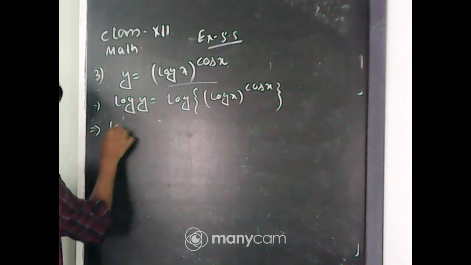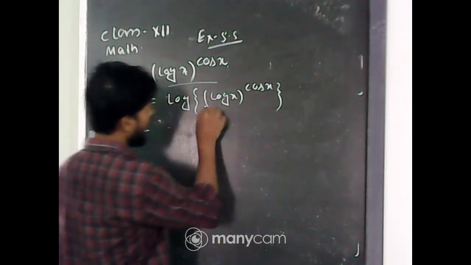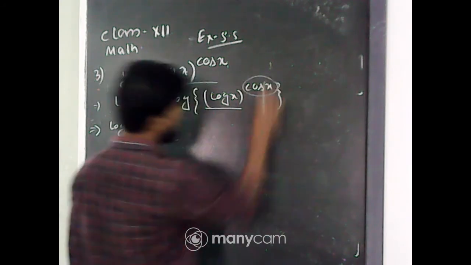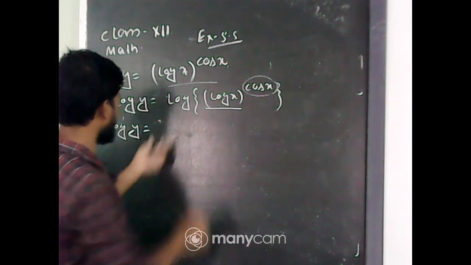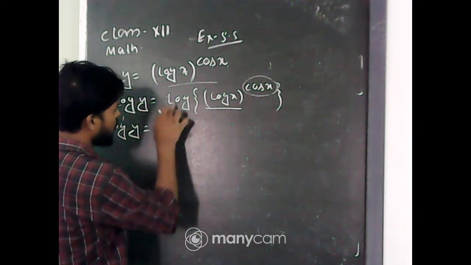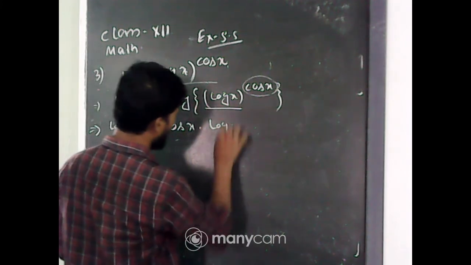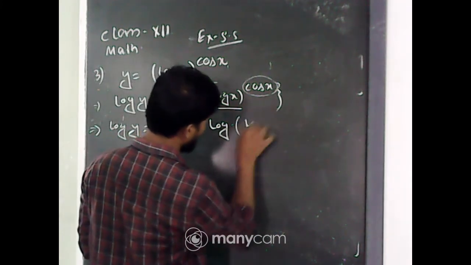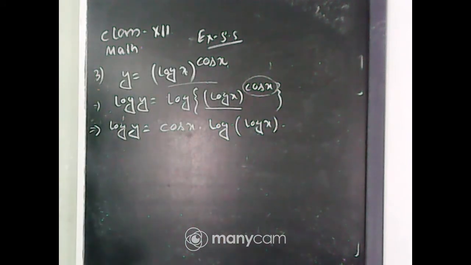That means log y is equal to, now we know that for log of something to the power, this exponent comes in front. So it will be cos x into log of log x.